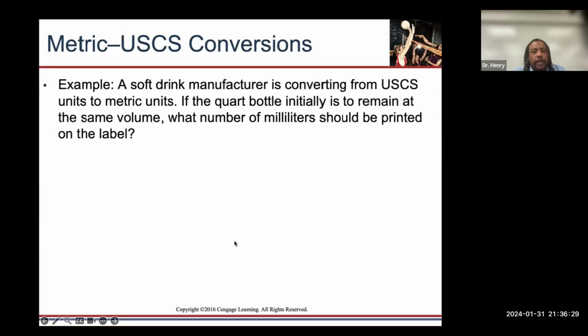A soft drink manufacturer is converting from USCS units to the metric units. If a quart bottle initially is to remain the same volume, what number of milliliters should be printed on it? Okay, so you guys are going to use those conversions that we have before. Maybe.